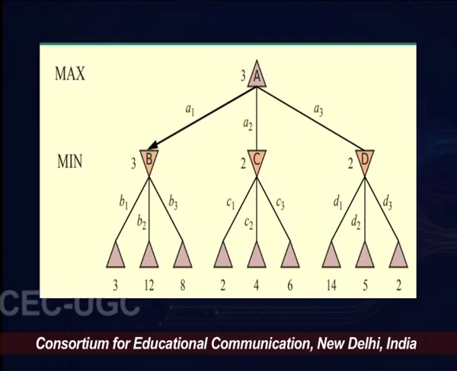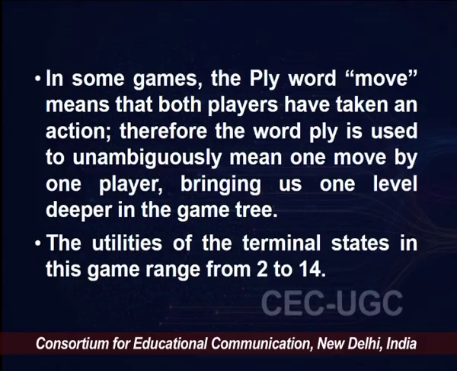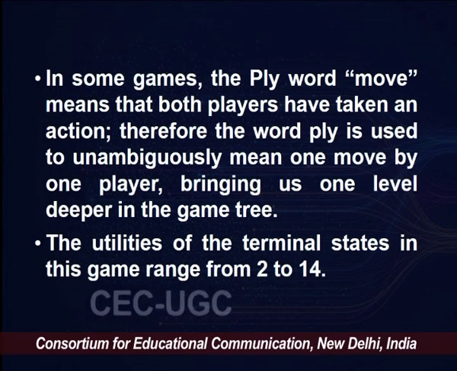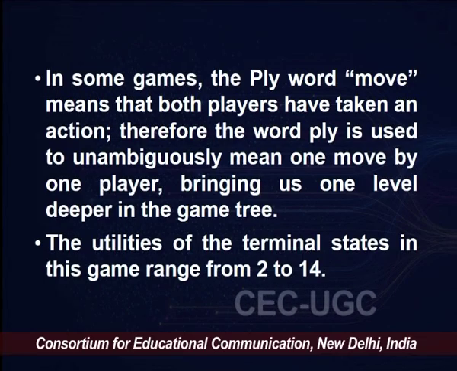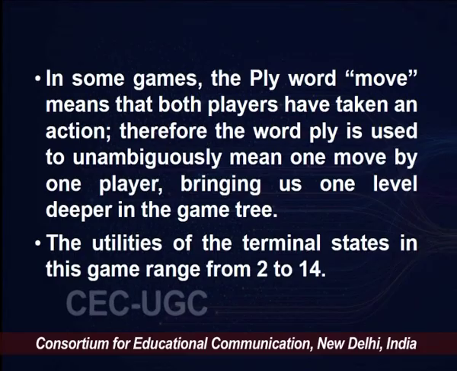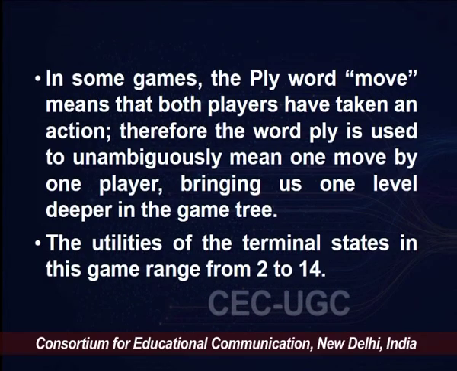So, for example, max is going to take A1, and then B is going to take, let us say, B1, then the final score will be 3. Now, in these kinds of minimax trees or games, the word ply means one move by one player, bringing us one level deeper in this game tree.